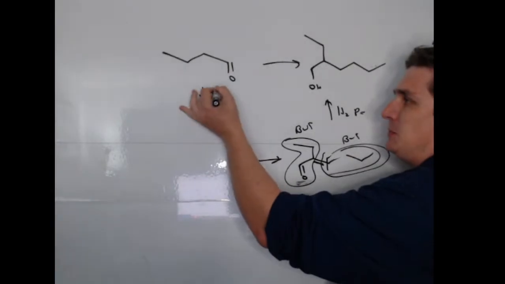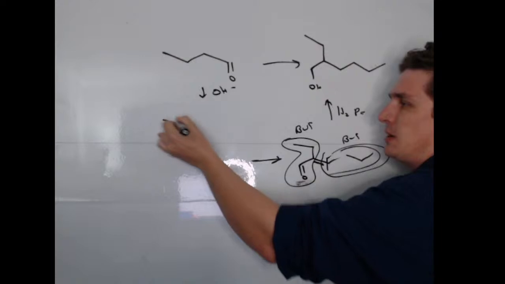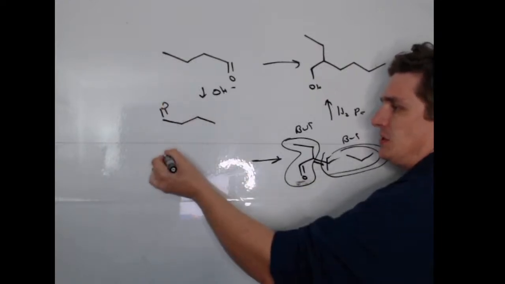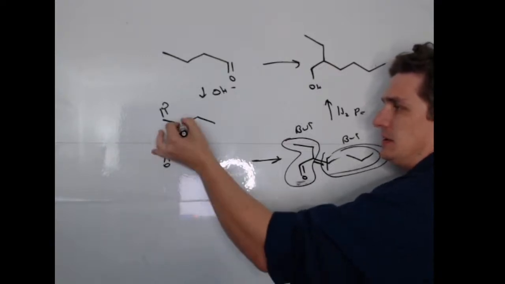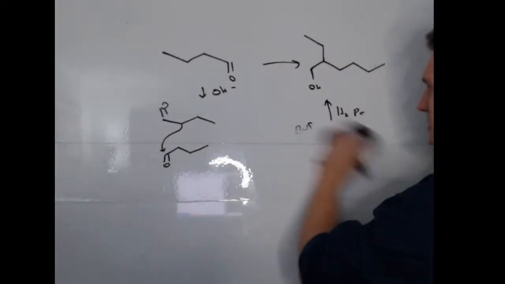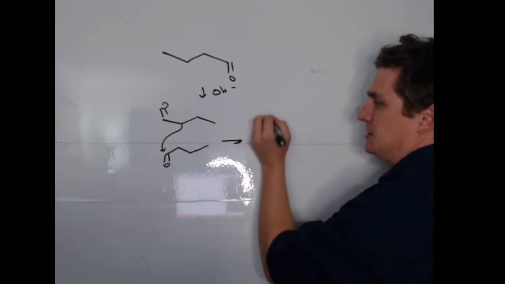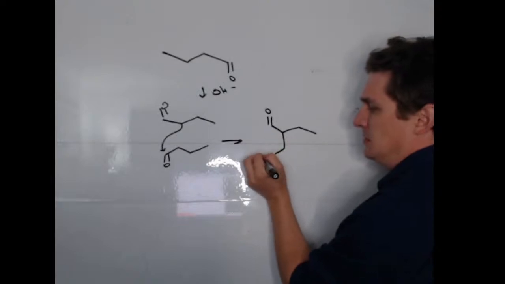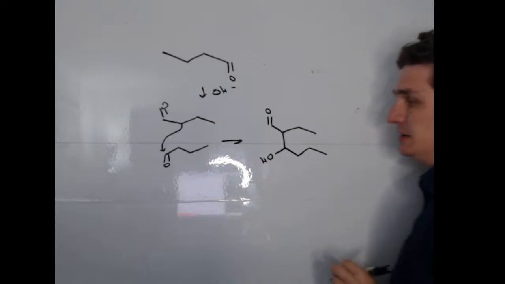Conceivably, what's going to happen when we do this with hydroxide and water is that we get an aldol addition product. So if we draw our molecules, 1, 2, 3, 4, this carbon is going to attack this carbon to give us initially this product.